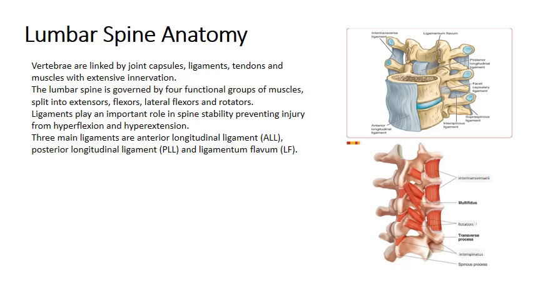The 3 main ligaments, as seen in the picture on the right above: you see the anterior longitudinal ligament right in front. Behind that is the vertebral body. Behind that is the posterior longitudinal ligament, and at the back of the spinal canal you can see the ligamentum flavum.